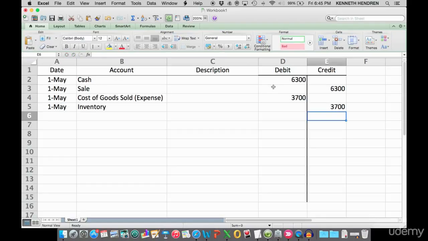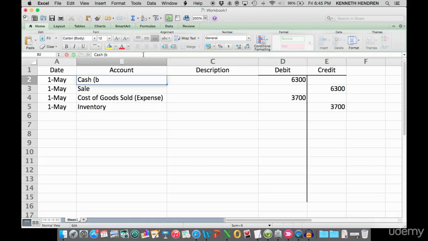So, as we know, debits make assets go up, and debits also make expense go up. Credits make sales go up, and credits actually reduce assets. Okay? So, we collected $6,300 in cash. We debit cash. We record the sale with a credit to sales. Okay.